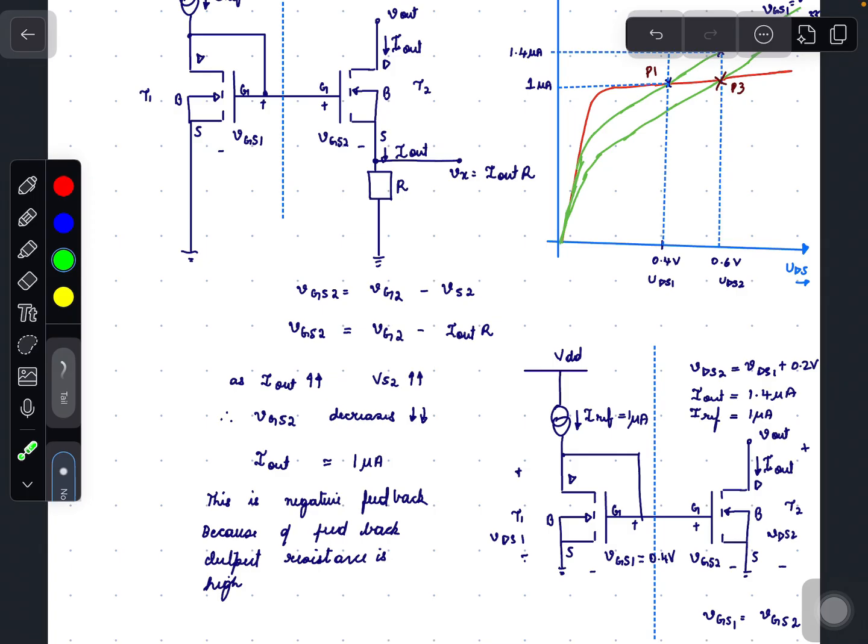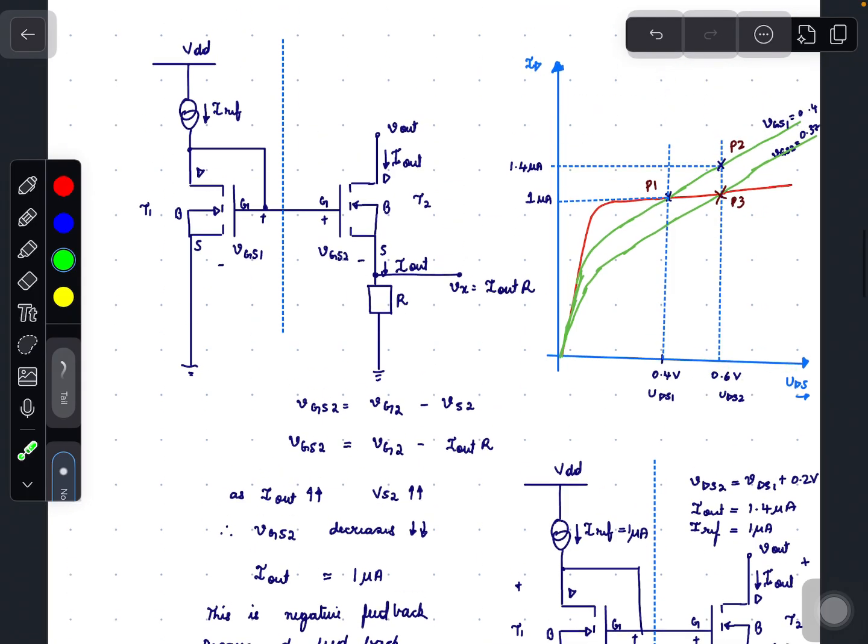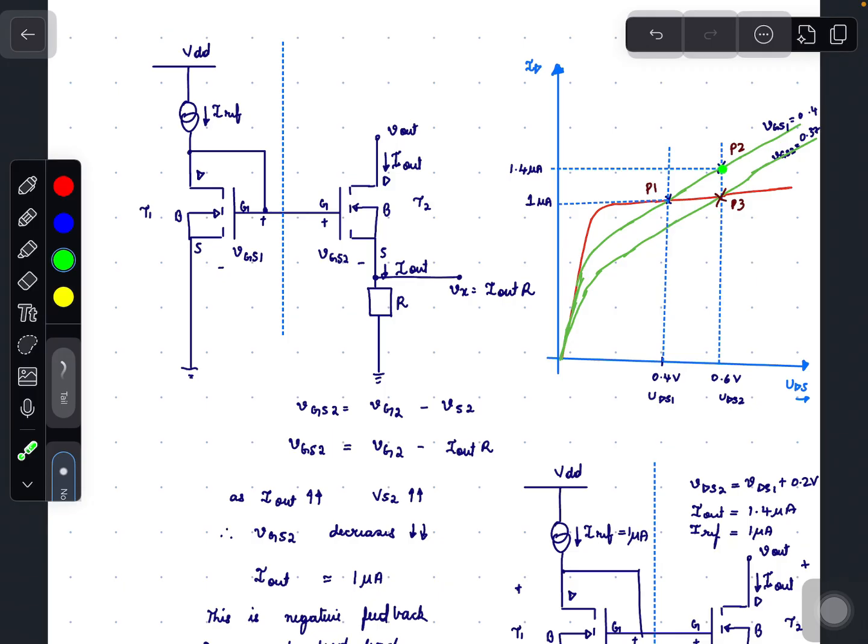However, the VDS of T2 is at 0.6 volts, which results in a current of 1.4 microamps for the same VGS equals 0.4 volts. So here we see I out current to be 0.4 microamps higher than Iref.